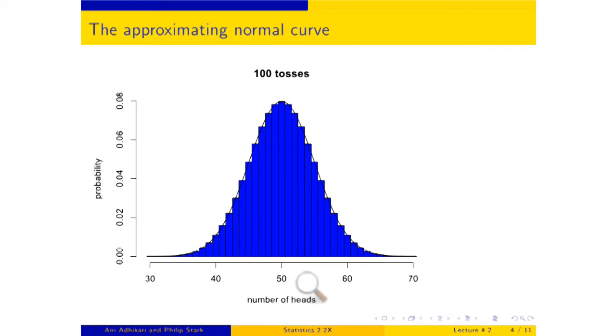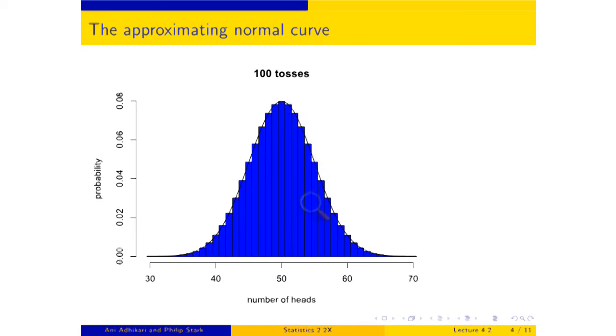And we've said before, and I will repeat, that you can in principle compute each one of these areas. This central bar here, its area, is the chance of 50 heads in 100 tosses of a coin. 8% roughly. We did that when we were doing the law of averages.